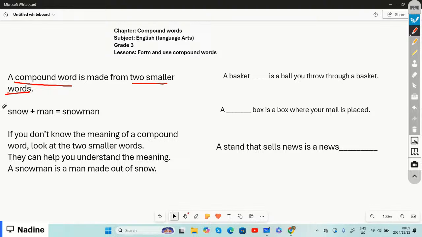An example of one of our compound words is snow plus man, snow and man. Snow plus man means snowman.